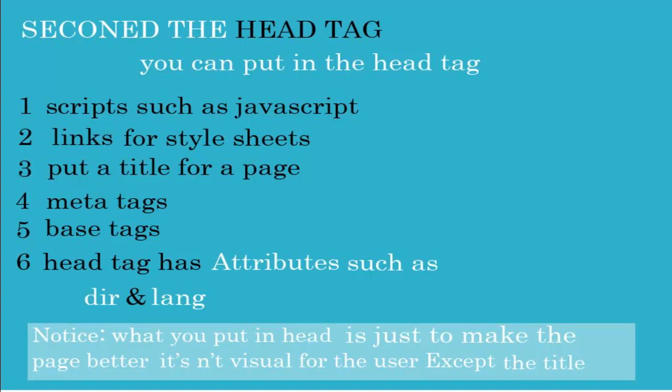But I want to say a very important thing: everything you put in the head tag is not visual for the user, except the title of the page, which is the only thing that the user can see. Everything else in the head tag, the user cannot see. You just make your web page better by putting these tags in the head tag.